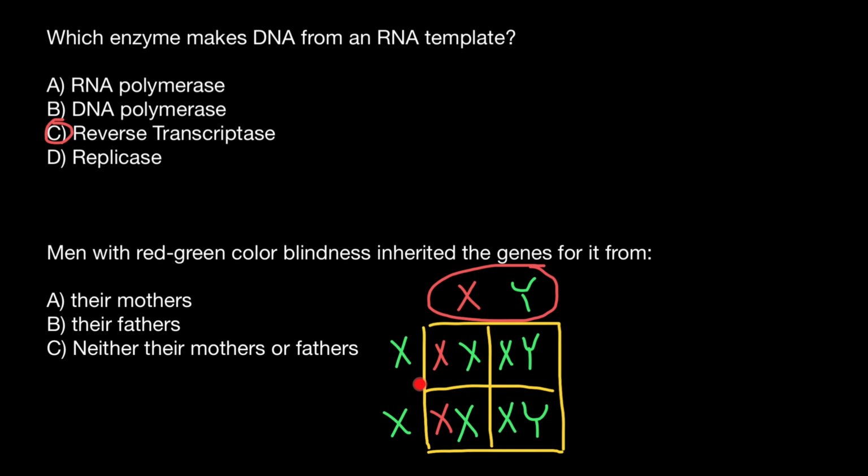But females, because they have another X-chromosome with the normal dominant allele on it, would manifest a normal phenotype and would be carriers, but phenotypically would be normal just like their mothers.